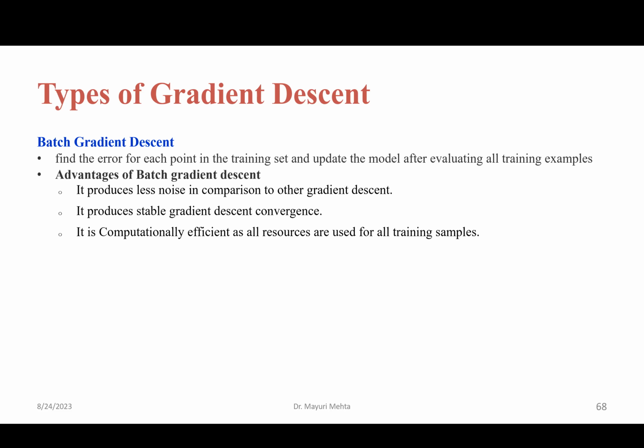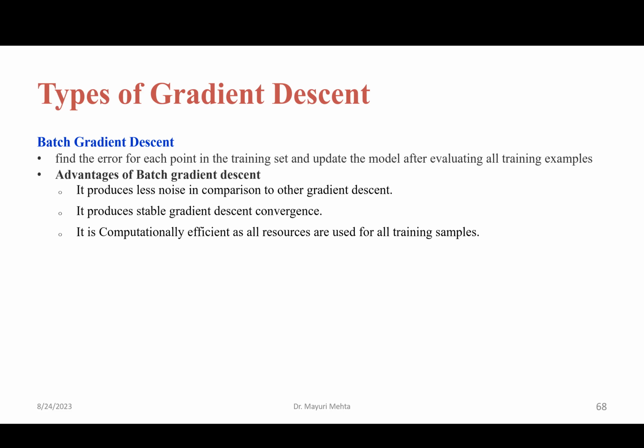In simple words, it is a greedy approach where we have to sum over all the examples for each update, because we are computing error for every data point in the training data set. So the entire batch is considered to compute the gradient. This is batch gradient descent.